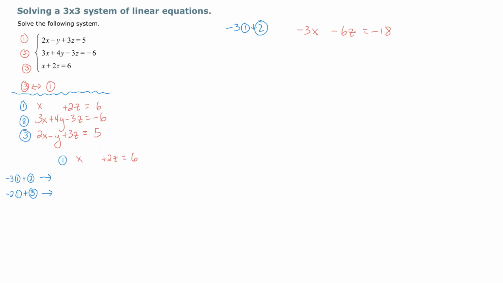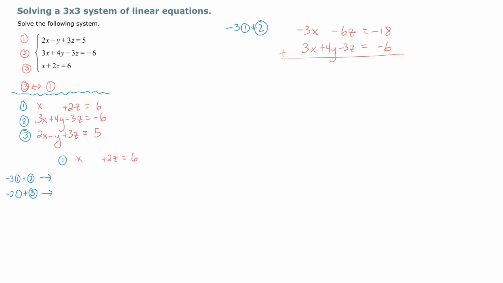Now plus 2, well, what's equation 2? This is equation 2. 3x plus 4y minus 3z is now equal to negative 6. And then you simply add these vertically.